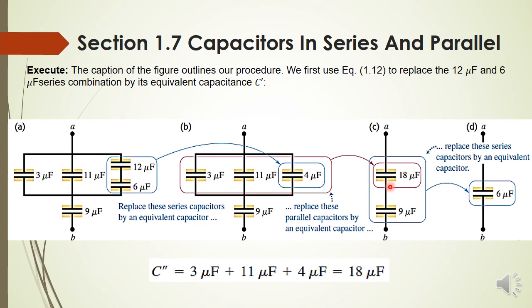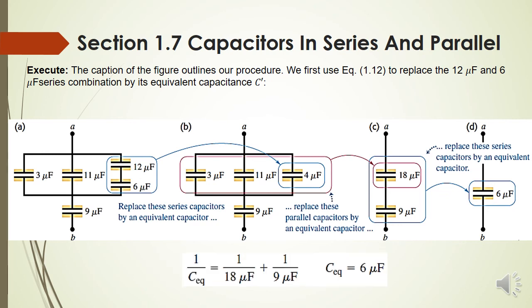Now, we are left with the last connection, the series one. So, another computation with the use of 1 over C is equal to 1 over C1 plus 1 over C2. That is 1 over 18 microfarad plus 1 over 9 microfarad. You can get the C equivalent of 6 microfarad. So, the total equivalent capacitance of the network is 6 microfarad.